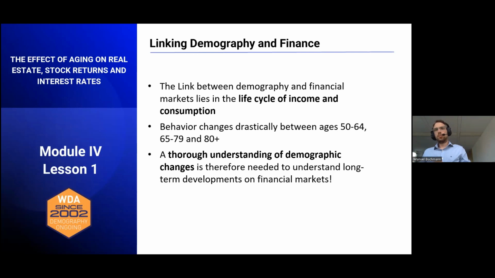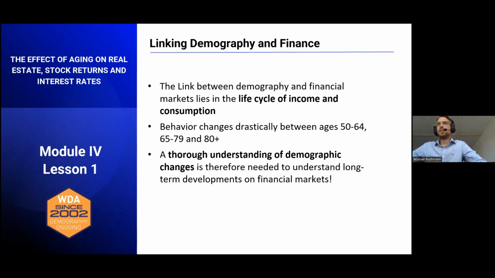This is extremely important right now because behavior in terms of saving and investment changes drastically between the ages 50 to 64, 65 to 79, and then again ages 80 plus. So it is really important to separate these age groups, especially concerning the current demographic transition, where a very large cohort, also known as the baby boomers, is moving from age group 50 to 64 into age group 65 to 79.